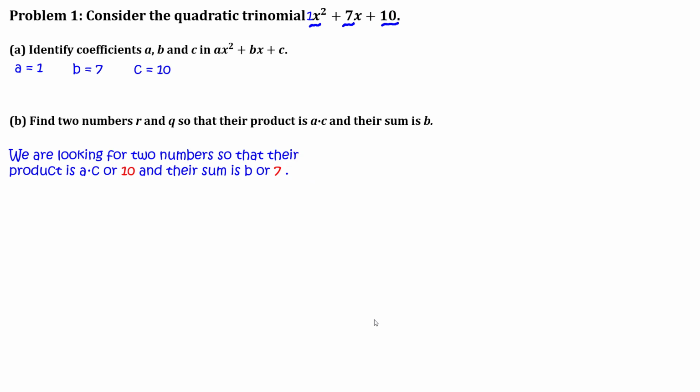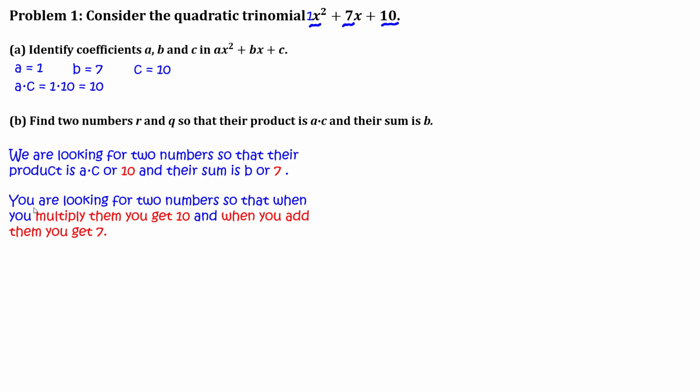So you are looking for two numbers so that when you multiply them, you get 10, that's what it means for the product of two numbers to equal 10. And when you add them, you get 7. That's what it means for the sum of two numbers to be 7.